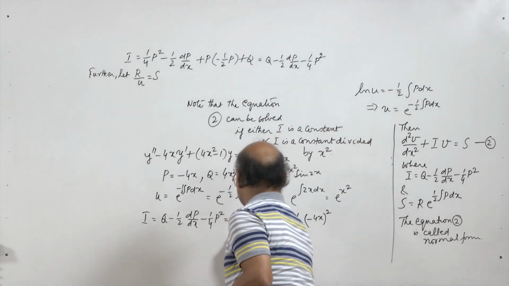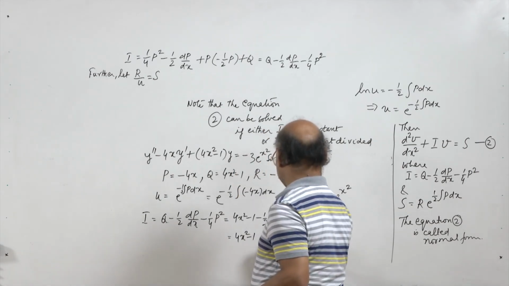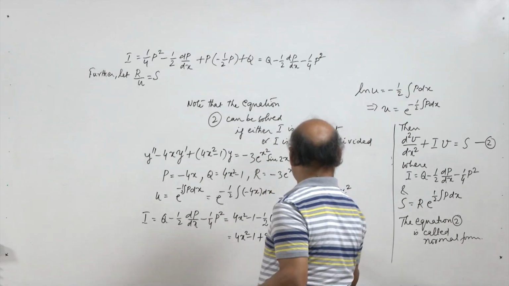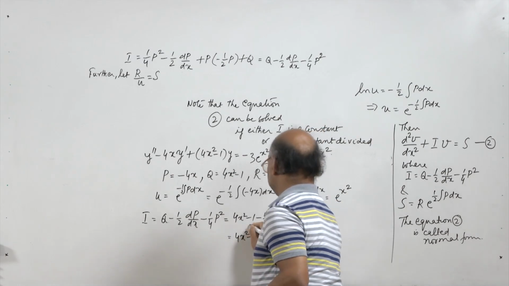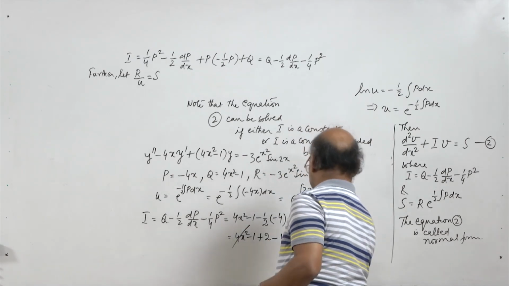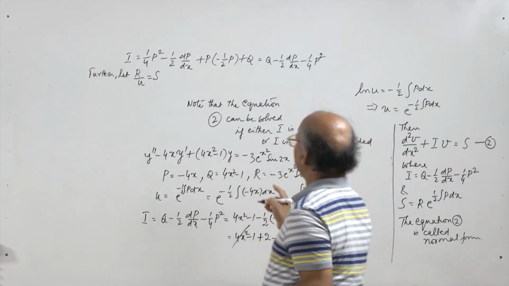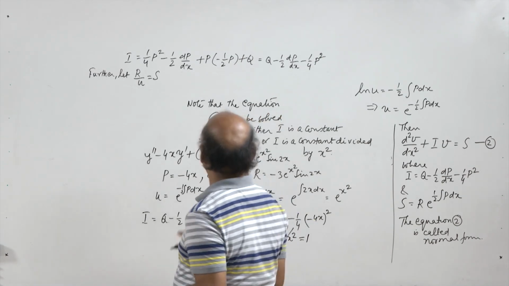So, what we get is 4x square minus 1, and here we get plus 2, and here we get minus 4x square. So, this cancels with this, 2 minus 1 is 1. So, we get I equal to a constant.